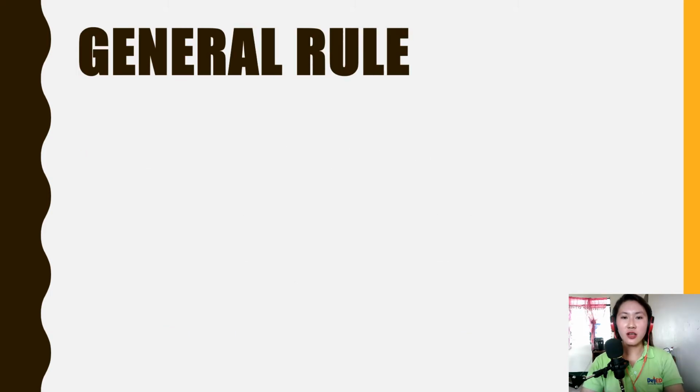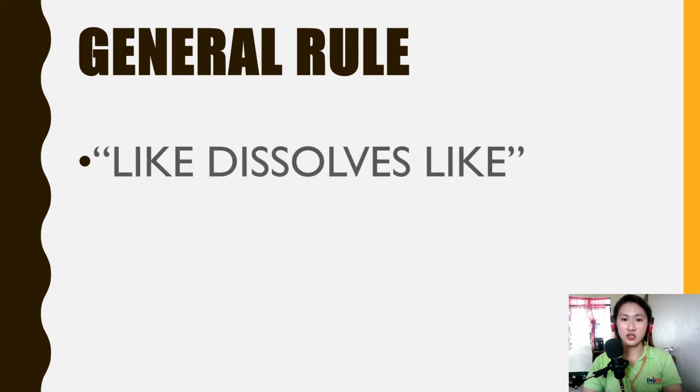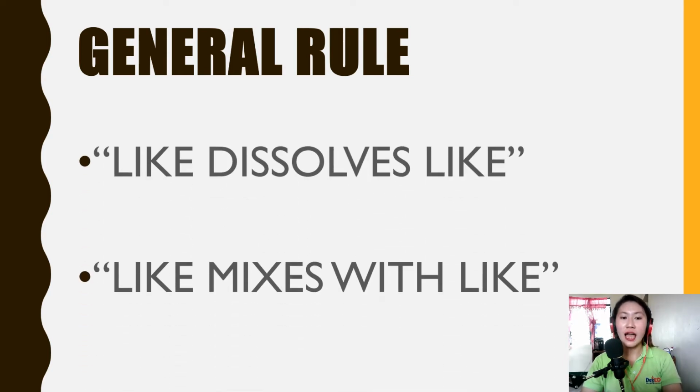The general rule to remember about solubility and miscibility is like dissolves like, or like mixes with like. This means that polar substances will only be soluble or miscible with polar substances, and non-polar substances will only be mixed with non-polar substances.